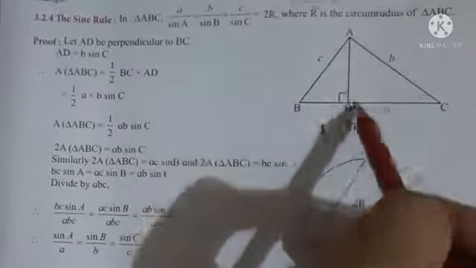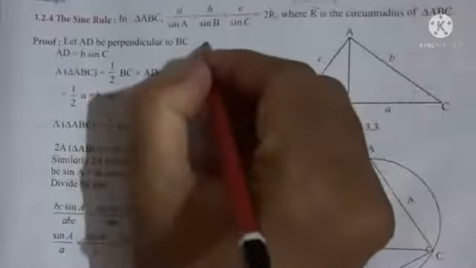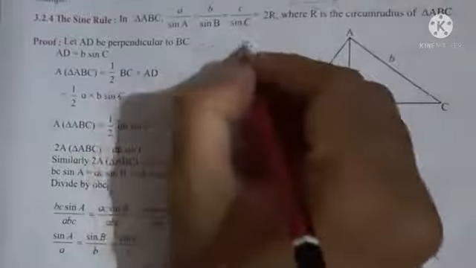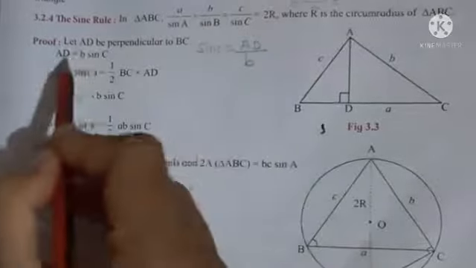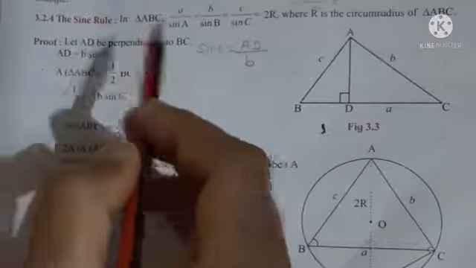Then draw AD perpendicular to BC. Then what is sin C here? Sin C is opposite upon hypotenuse, which means AD upon b. So from this we write AD is equal to b sin C.